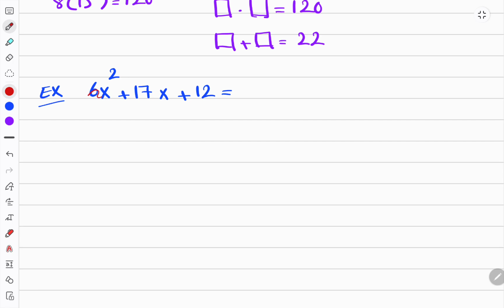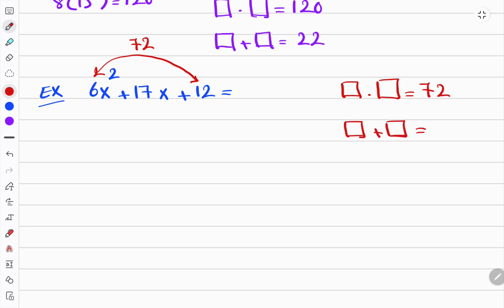First of all, we should multiply the leading coefficient 6 by the constant, which is 12. The product is 72. So we need to find two numbers whose product is 72 and the sum of them should be 17.